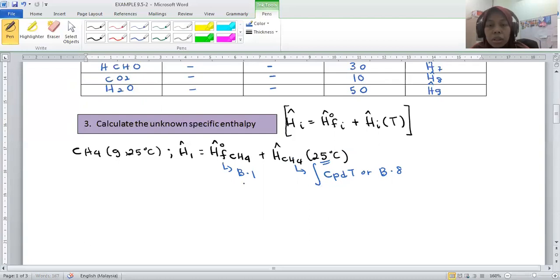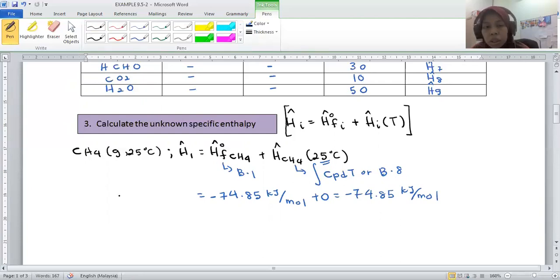So the heat of formation is negative 74.85 kilojoules per mole from Table B1, and the second term, because it is similar to the reference state, is equal to 0. So negative 74.85 kilojoules per mole.